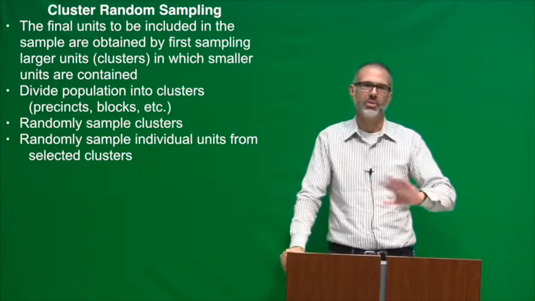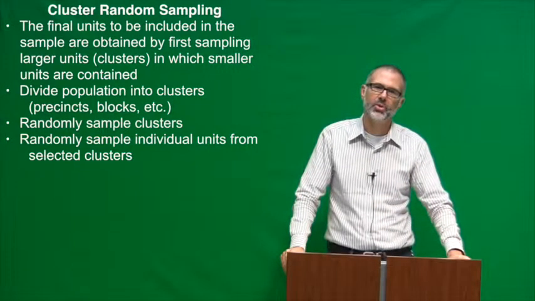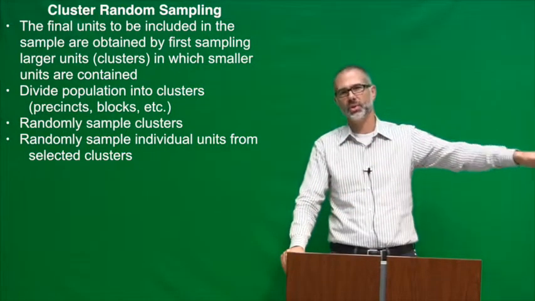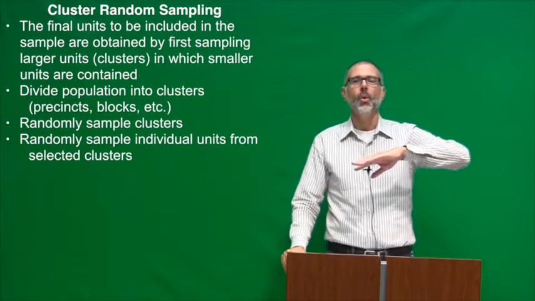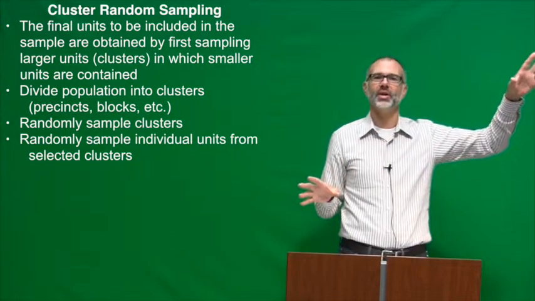But sometimes I'm also sampling from a large geographic area. One of the studies that I've used a lot, I used it in my dissertation and some of my articles, is called the National Comorbidity Survey. They wanted to get a sense of how much mental illness is happening in the population at large across the United States. But they couldn't deal with the whole United States.